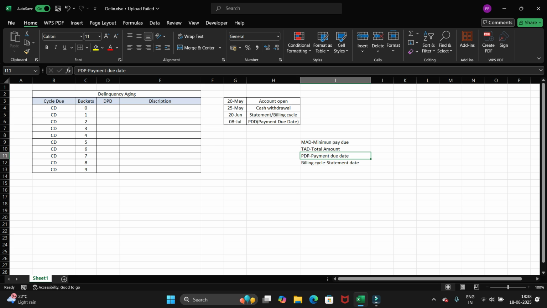In delinquency, we have a total of 9 cycles. Let's see that. If an account has CD value as 0, then our bucket is 0. In that case, DPD, that is days past due, tells from how many days the account is delinquent.